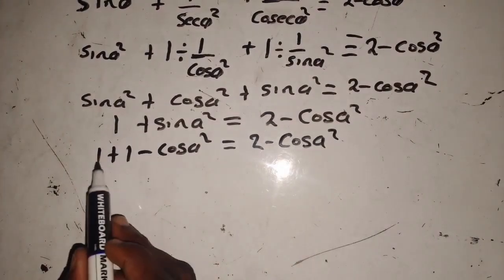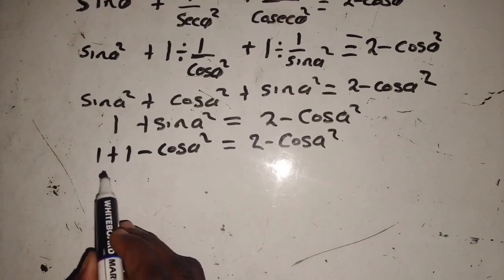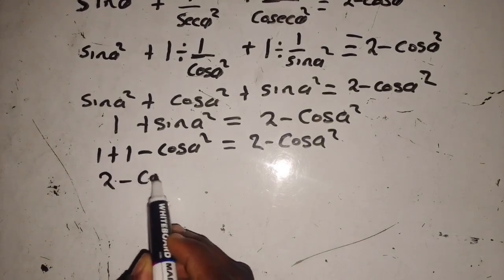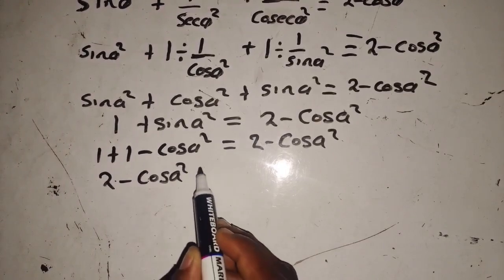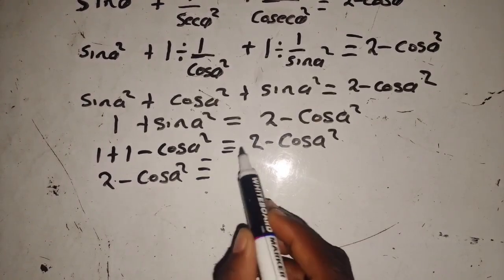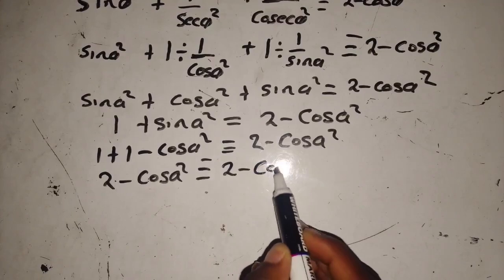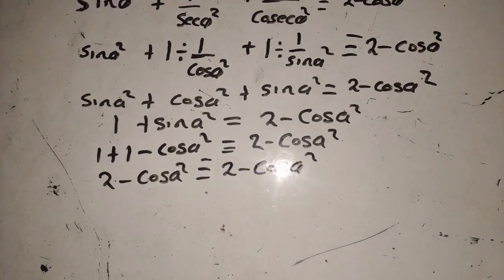So here you just add 1 plus 1, it will give you 2 minus cos theta squared, which is equivalent to 2 minus cos theta squared. Yeah, like this. So this is how you were supposed to prove it. A lot of students got this one correct, so hence shown. This is how you can get the 4 marks on proving this identity.